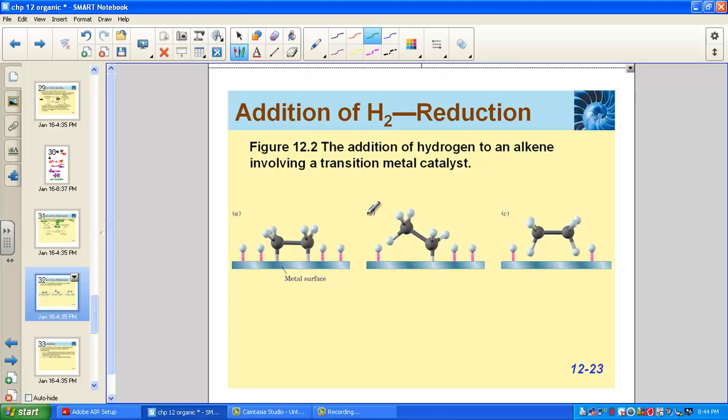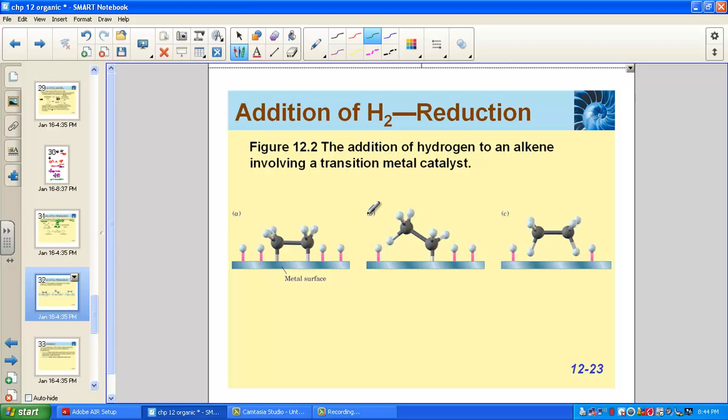Usually this catalyst is finely powdered, giving a very large surface area, and the reaction is carried out by dissolving the alkene in typically an alcohol such as ethanol or another kind of organic solvent. And adding the solid catalyst, we're exposing the mixture to hydrogen gas at high pressures.